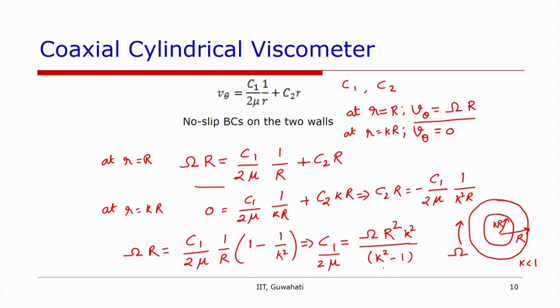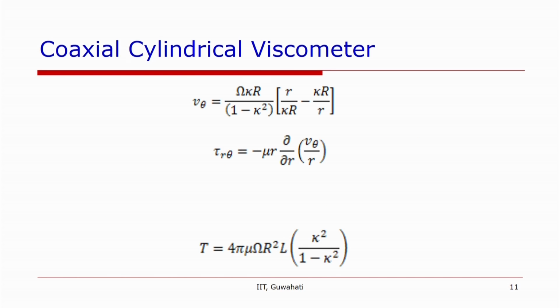You might notice that kappa is less than 1, so this term is going to be negative. So one might want to write this in this form. After substitution, one will get the velocity in this form, and from that we can get what is tau r theta, which is equal to minus mu r del over del r of v theta over r.